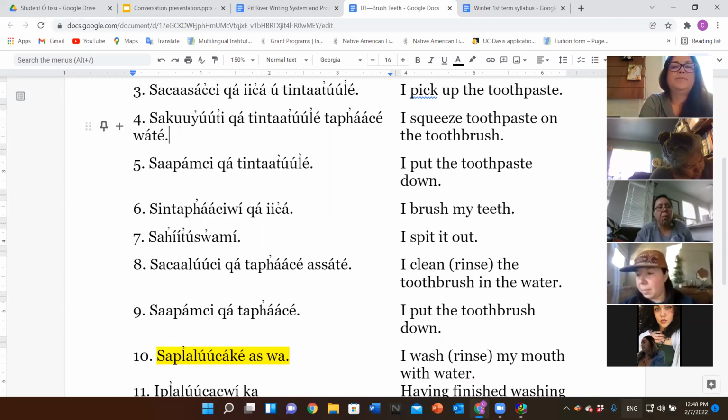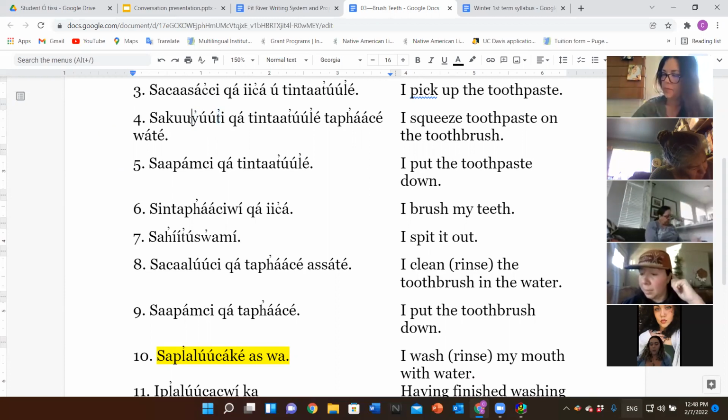Okay. So next we got sagu yuti, sagu yuti. Remember, these are the glottalized letters, so you make that stop right before them. Sagu yuti, ga dinda dule, dap haje wade. So this is like I'm squeezing it, sagu yuti, or squeezing it out.